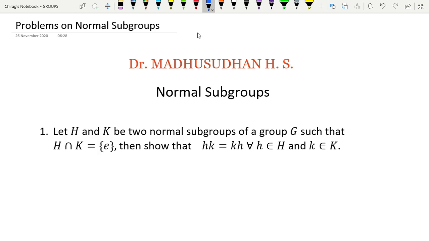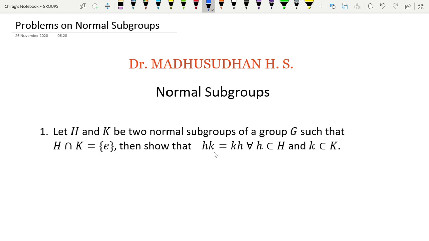So the first problem is: let H and K be two normal subgroups of a group G such that H intersection K is a set consisting of only one element e.